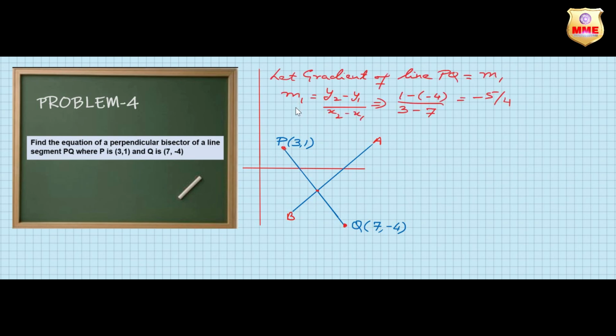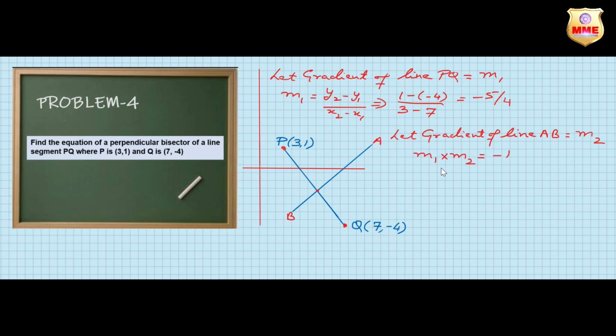As you can see here, I find the value of gradient M1 for line PQ, and that is y2 minus y1 upon x2 minus x1. So we have placed the values of coordinates P and Q here, and we get the gradient of line PQ, that is minus 5 by 4. Now let us assume the gradient of line AB is M2.